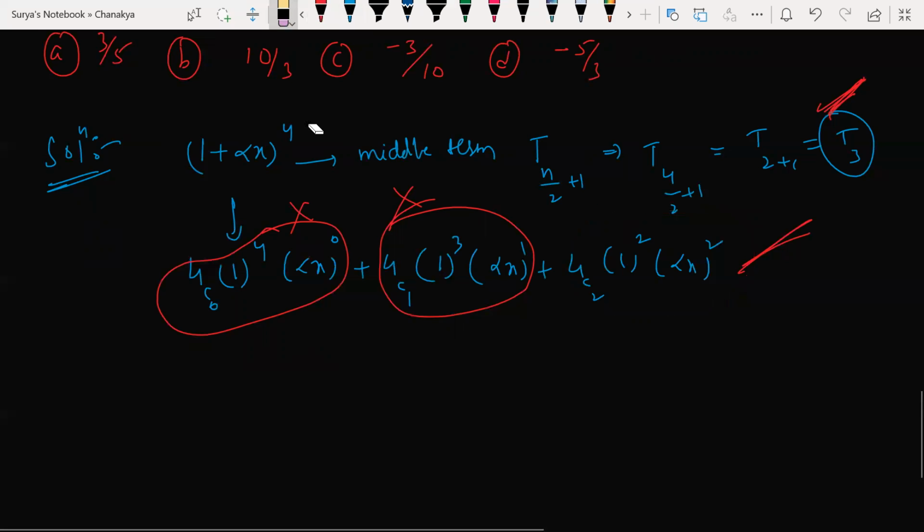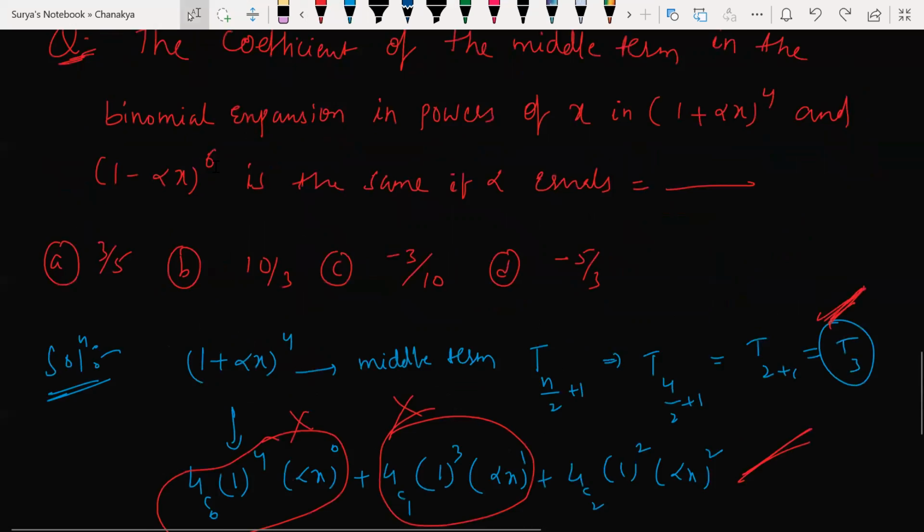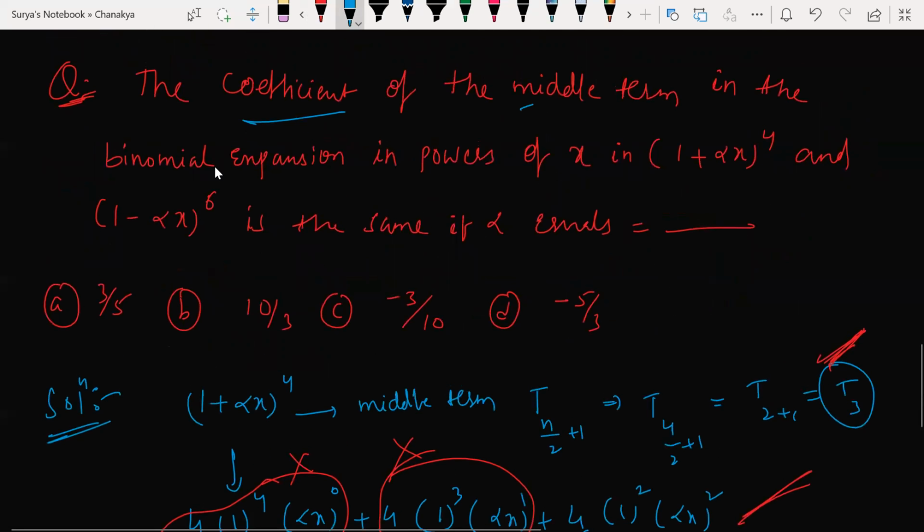What is the coefficient of the third term? This is the coefficient of the third term, so we'll be doing this alone. Both expansions are given as equal in the coefficient of the middle term.